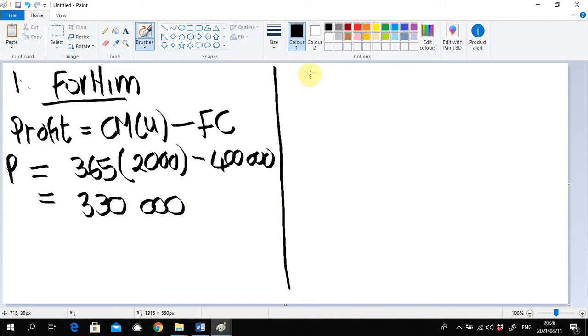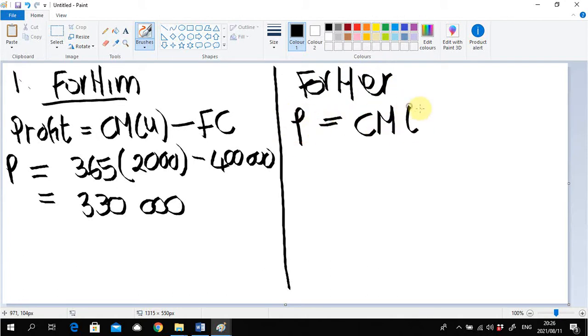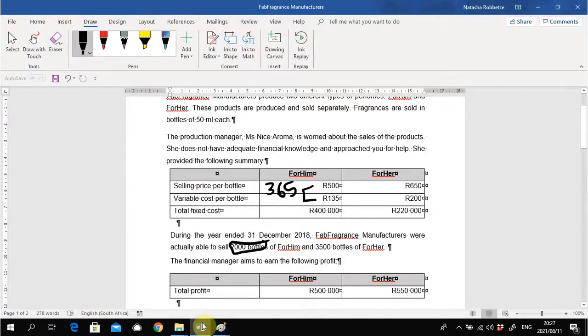Right, let's look at for her. Once again, the profit is going to be the contribution margin times the units minus the fixed cost. What was the contribution margin for her? It should have been the difference between the selling price, 650, and the 200 Rand, which was 450 Rand contribution margin.